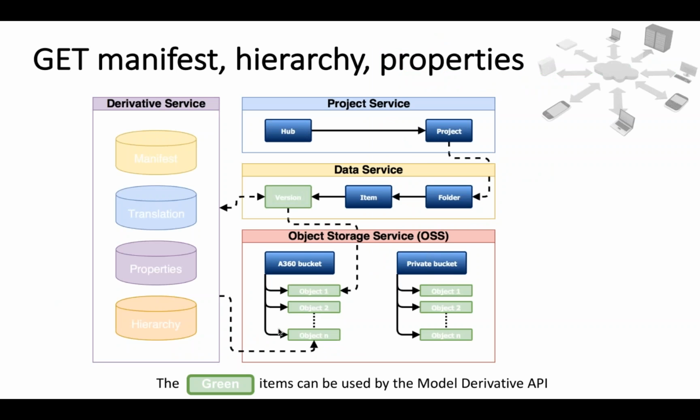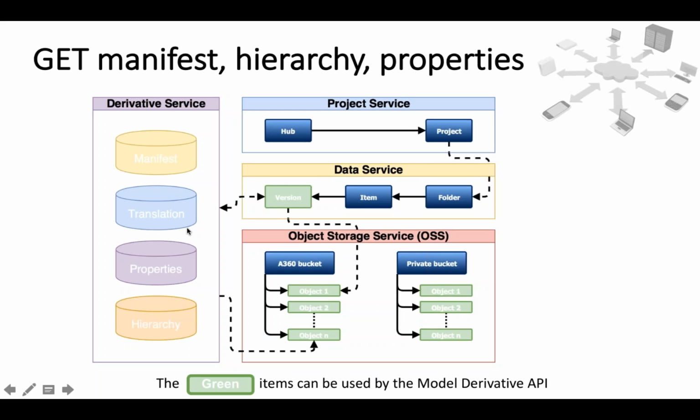All right, this is how the Derivative API works hand in hand with the Data Management API. This is the diagram I showed you previously, and here is the derivative service that contains manifest, translation, properties, and hierarchies.